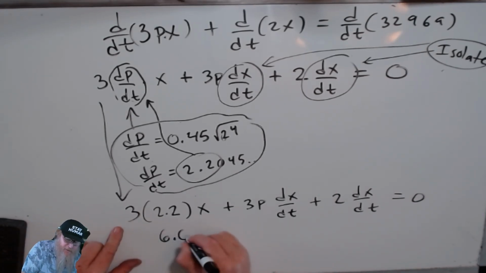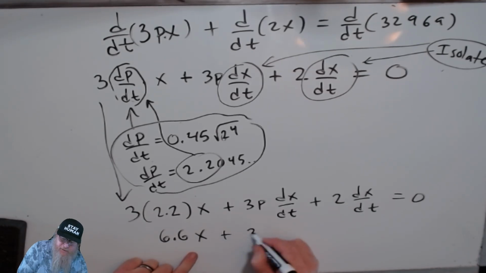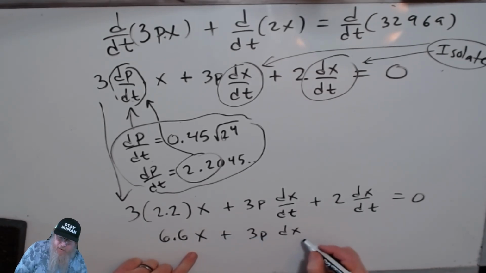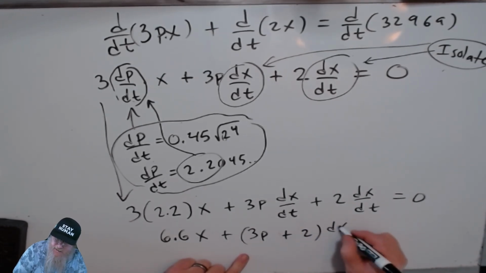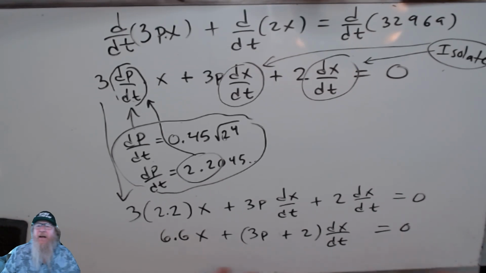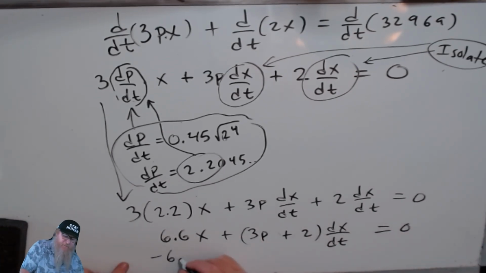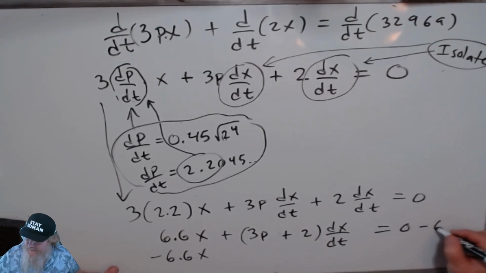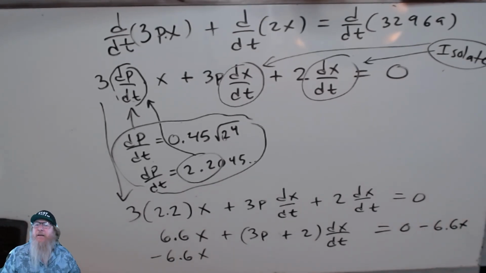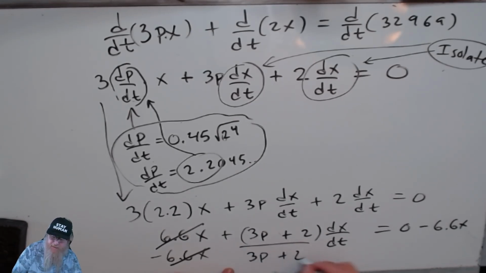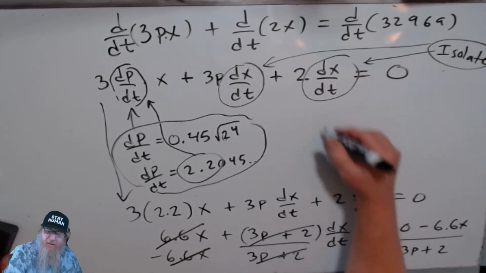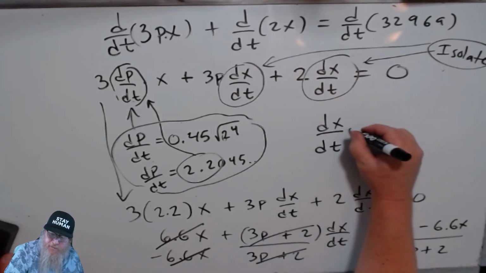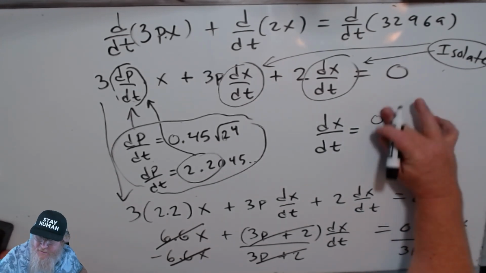So that's going to be 6.6x plus 3p. I'm going to go ahead and factor out the dx dt. And you're going to solve this by moving the 6.6x over to the other side, and then dividing by 3p plus 2. So that is your answer without a value plugged into it.